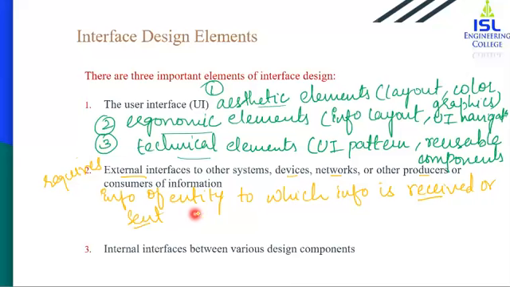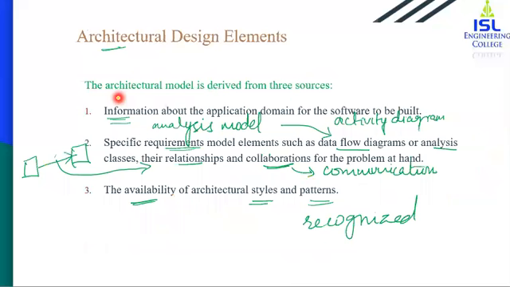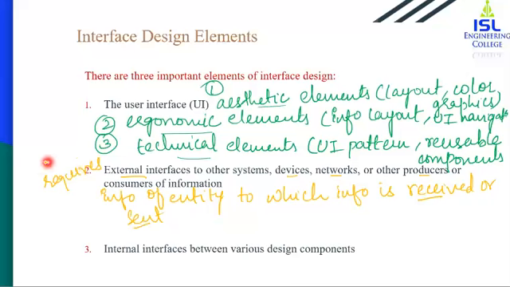Now, this information is collected at the requirement engineering phase. As within the user interface, in the previous slide, we have seen the specific requirements were collected. The analysis classes information is collected at the requirement engineering phase. In the same way, the external interface information is going to be collected at the requirement engineering phase, and this information will be verified when the interface design element is going to start.